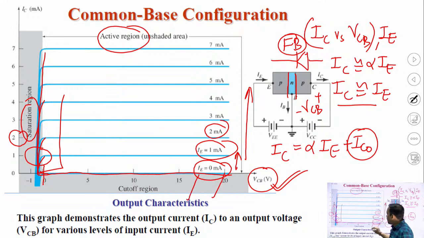And when the collector current is 0, we have seen that the BJT, the transistor, is acting as an open switch, and the mode of operation is called cutoff. So we have shown all three regions here: the active region, the saturation region and the cutoff region. So this is regarding the common base configuration.